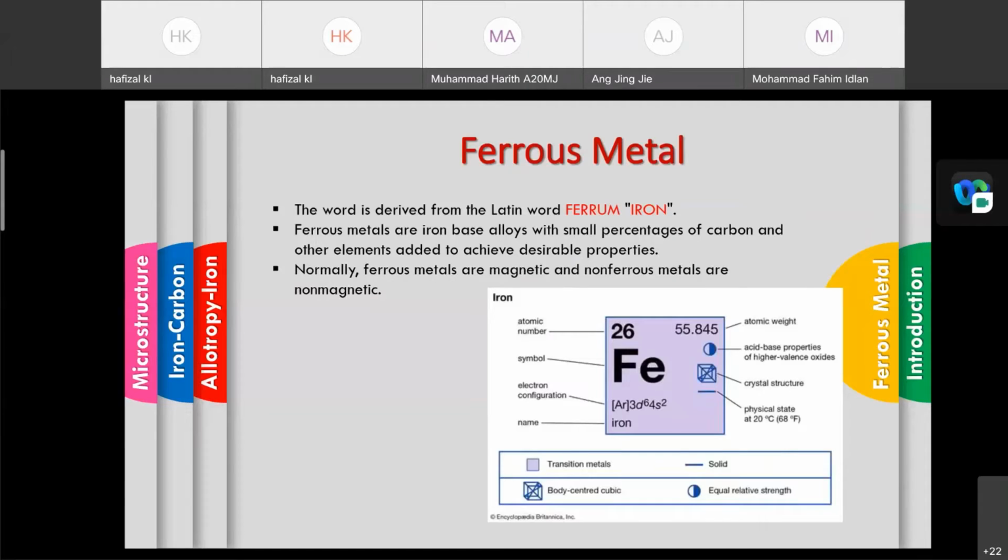Previously we know that besi, ferrous, is normally magnetic, and it also exists in a non-magnetic form. After this we will see that at a certain temperature, ferrous will behave in a non-magnetic way.